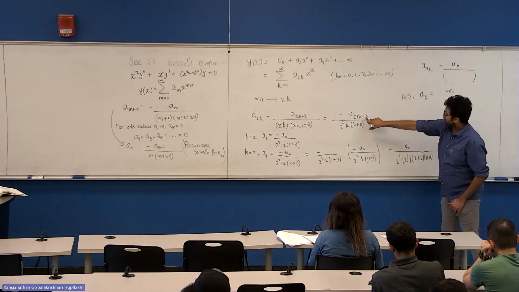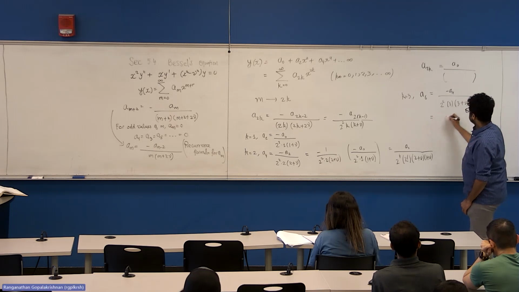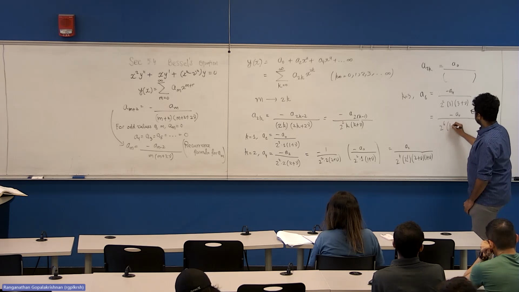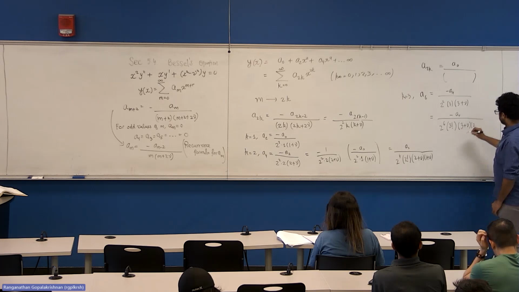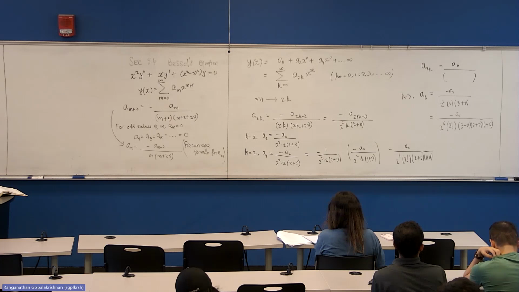So k equals 3 will make this a_4 divided by 2 squared times 3 times (3 plus nu), which would make this minus a_0 divided by 2 to the power 6 times 3 factorial times (3 plus nu) times (2 plus nu) times (1 plus nu). Would you see this and go, yes, okay, you follow this? Yeah, okay.